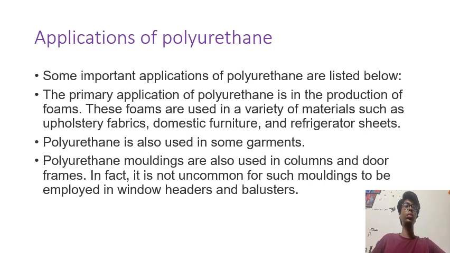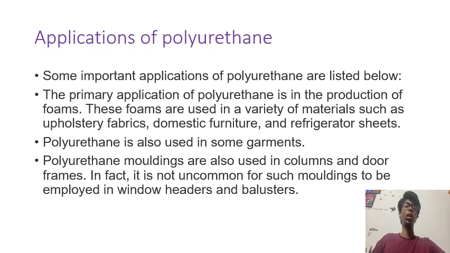So let us know about applications of polyurethane. Some important applications of polyurethane are listed below. Primary application of polyurethane is the production of foams. As we discussed earlier, it is used in production of foams.